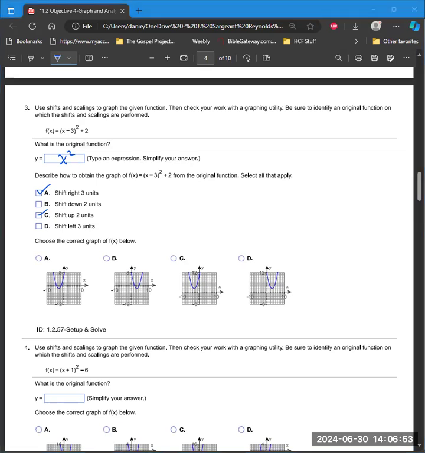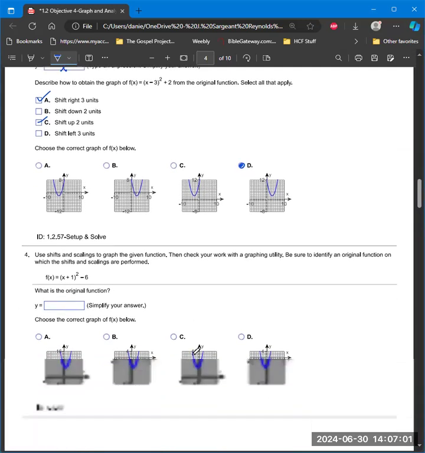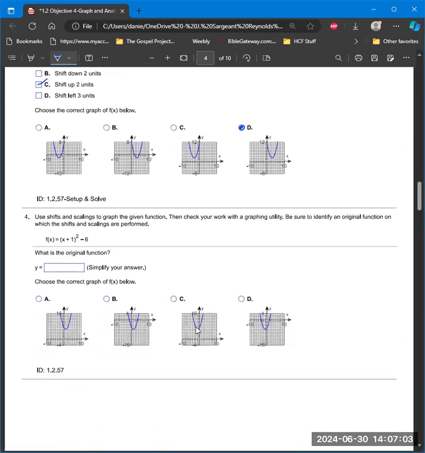And 3, 2 for the vertex is going to be D. Now this was originally x squared for number 4. And it's been shifted 1 left and 6 down. So that is D.